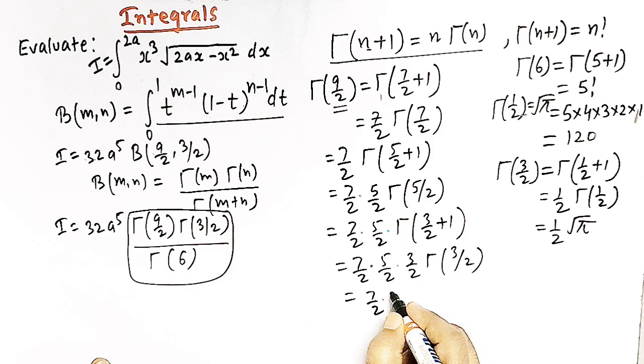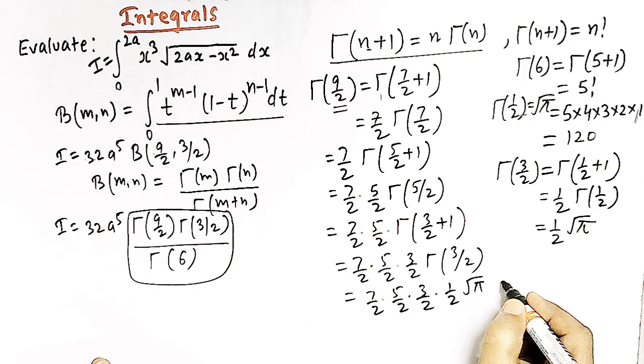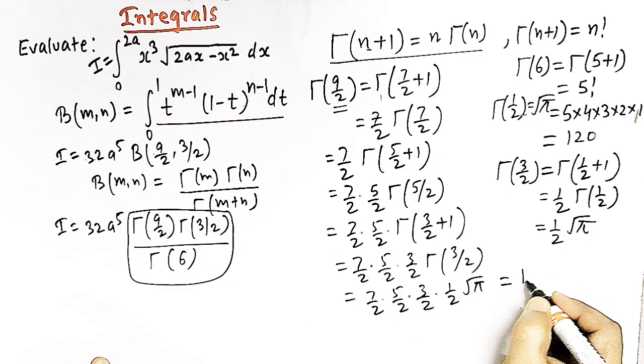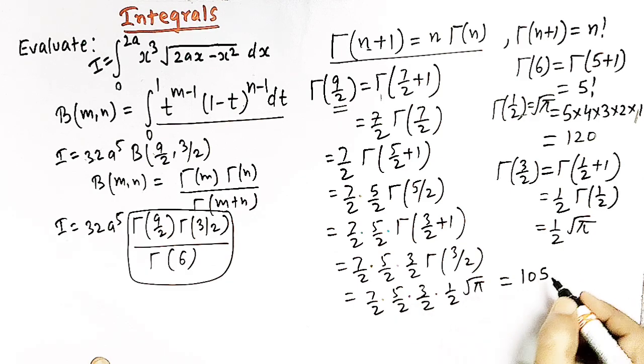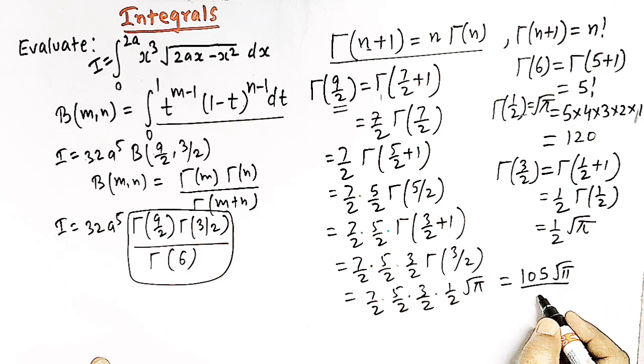So we have 7 over 2, 5 over 2, 3 over 2 and half square root of pi. So here we have 7 times 5 is 35 times 3 is 105, and here we have square root of pi divided by this is 16, right?